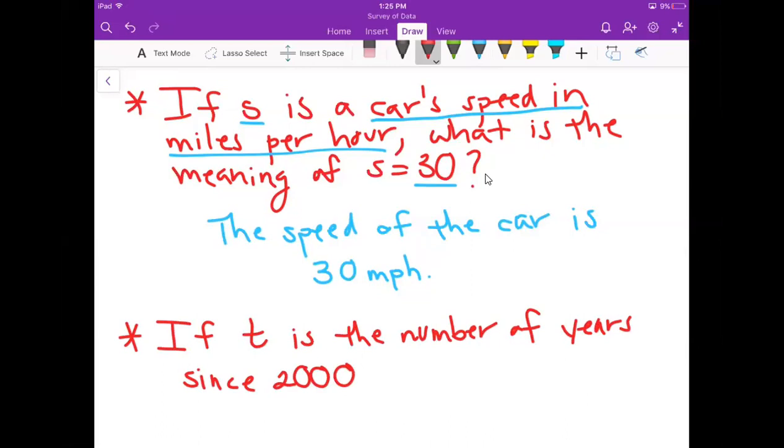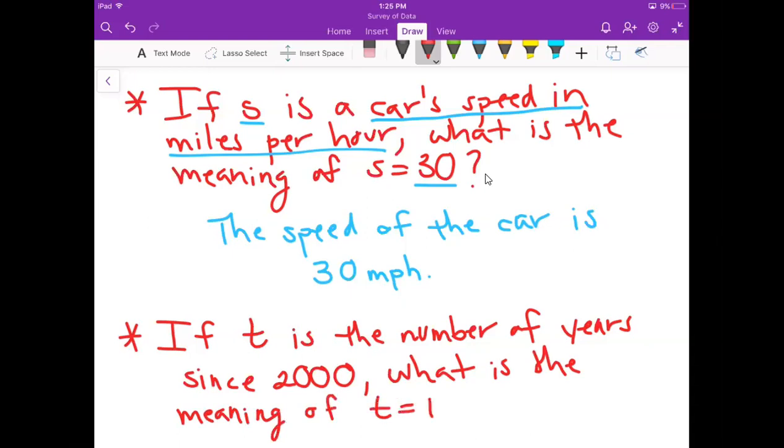It'll be years since a certain year. So if T is the number of years since 2000, what is the meaning of T equal to 13?